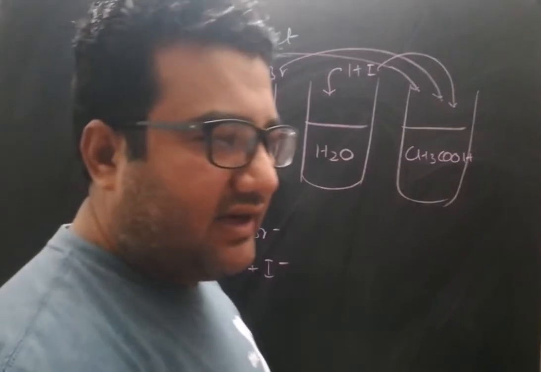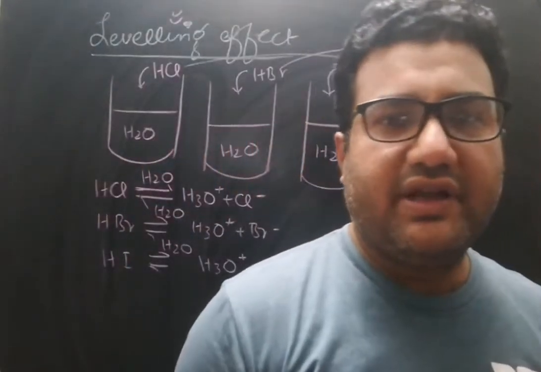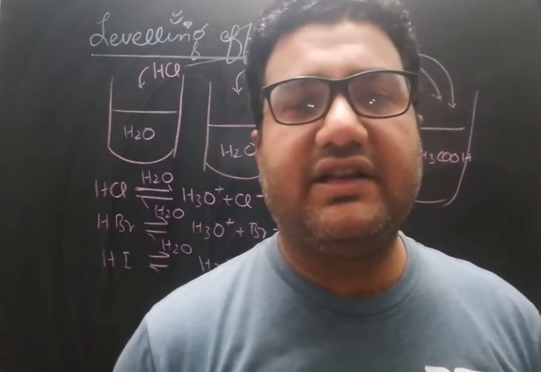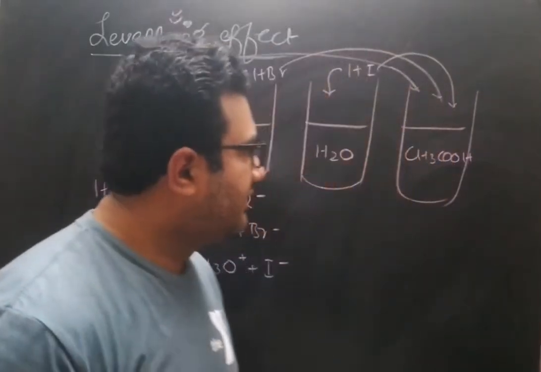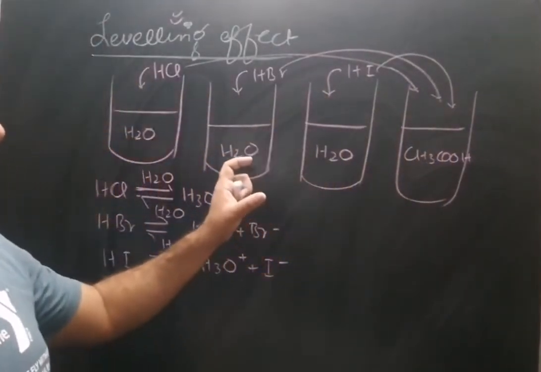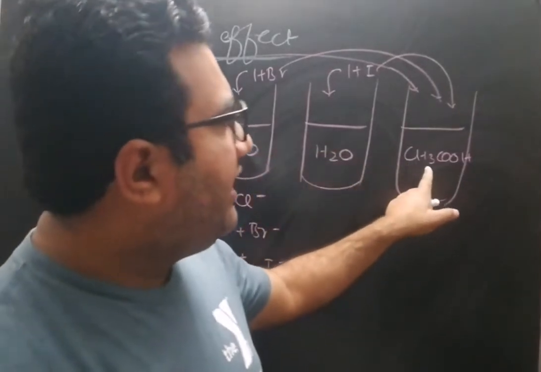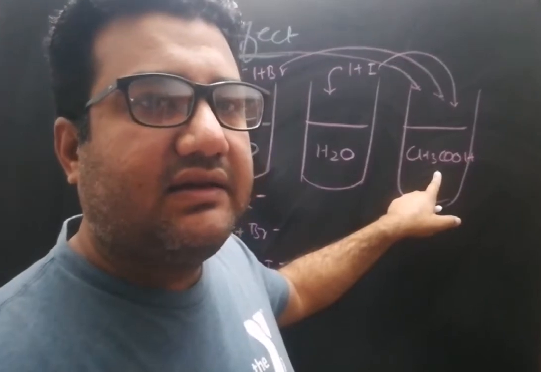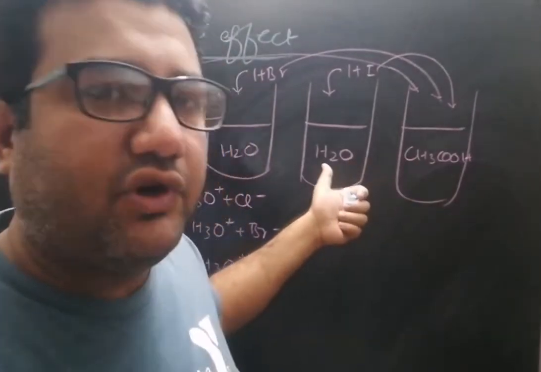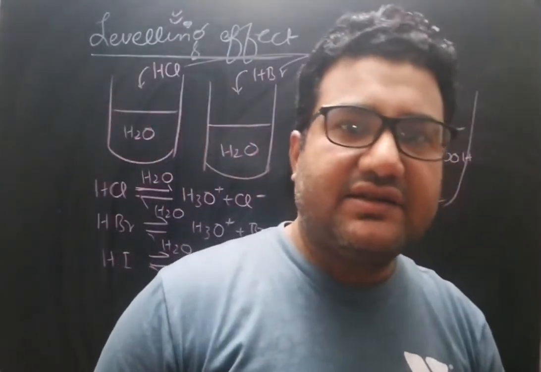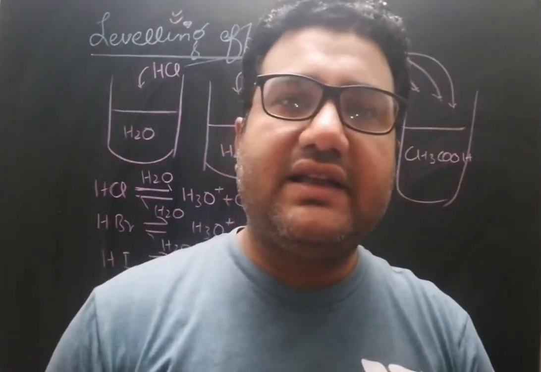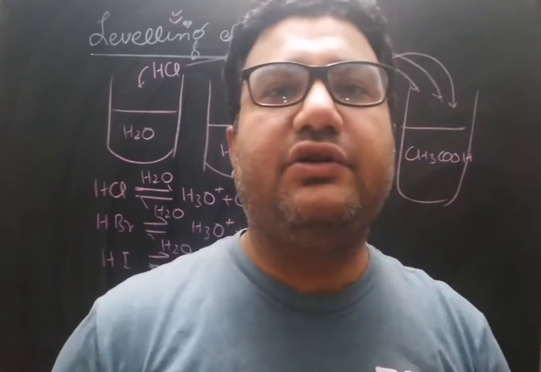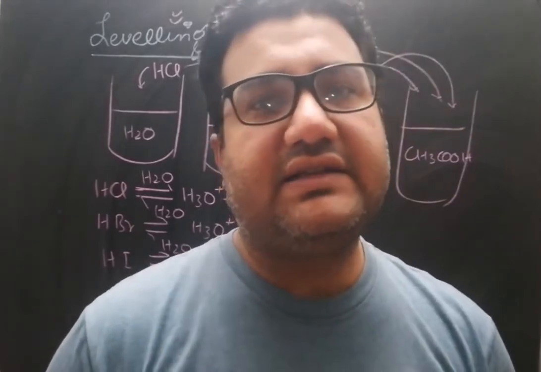Acetic acid is relatively a weak base as compared to water. Water is amphoteric and carboxylic acids are also amphoteric in nature. So now, protonating acetic acid is not as easy as it was to protonate water. In this case, the stronger acid will protonate acetic acid more and the weaker acid will have less capacity to protonate the acetic acid.